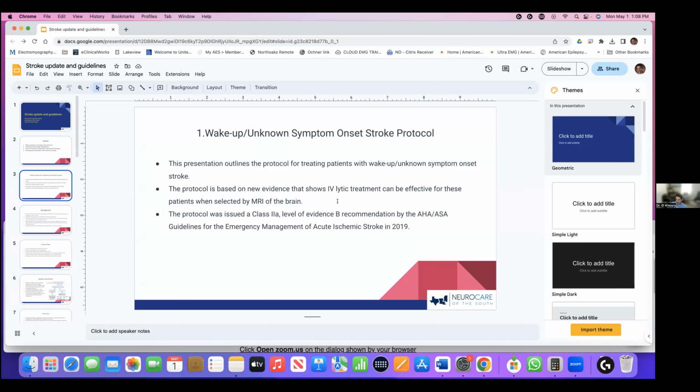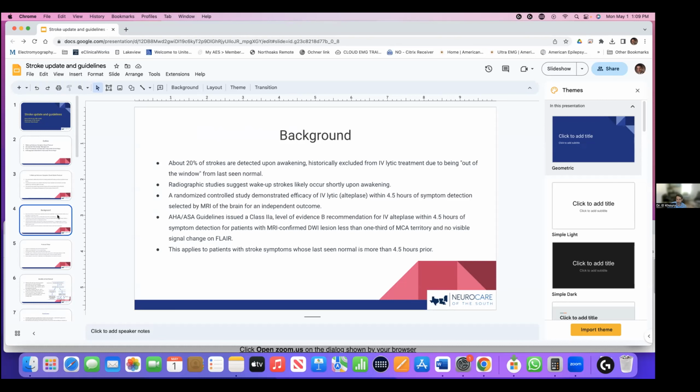DWI shows acute stroke, and FLAIR usually becomes positive 6 hours after the infarct. So there's a class 2A, level of evidence B, from guidelines from 2019 that treating wake-up strokes with the mismatch on imaging shows potential benefit.